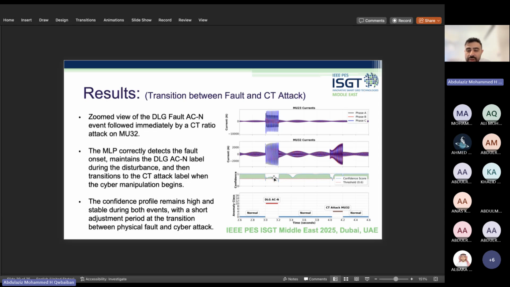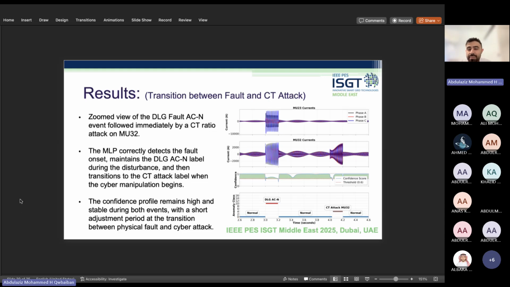Confidence dropped, and the anomaly class tells you it's a double line to ground. DLG is double line to ground, AC and N. Following that there is a CT attack, change of data, and it tells you which class, which is class 5. Here it's class 10. Otherwise, it's normal operation.